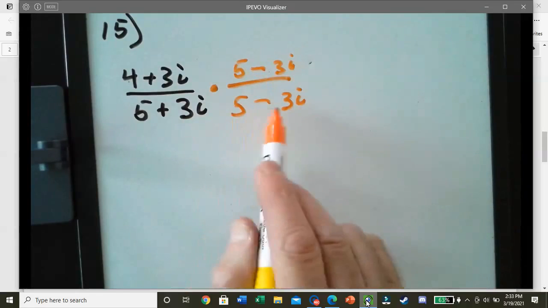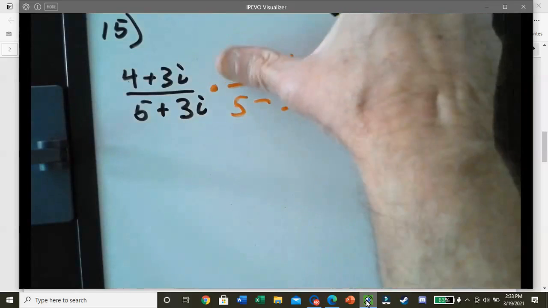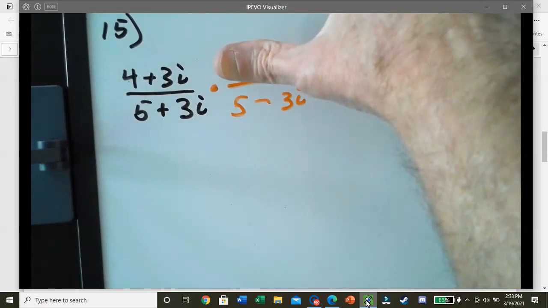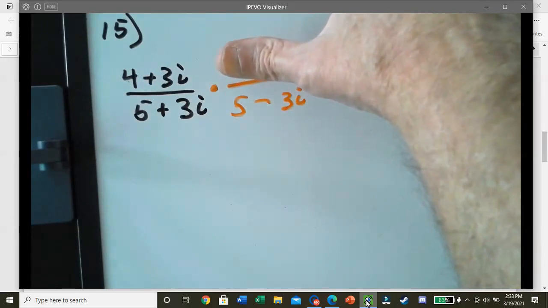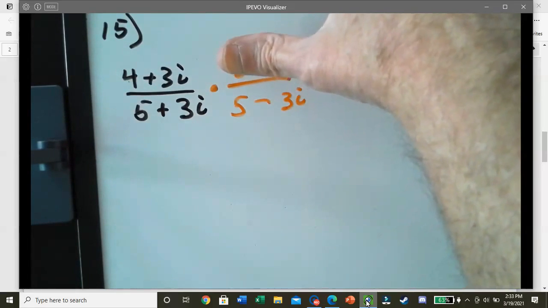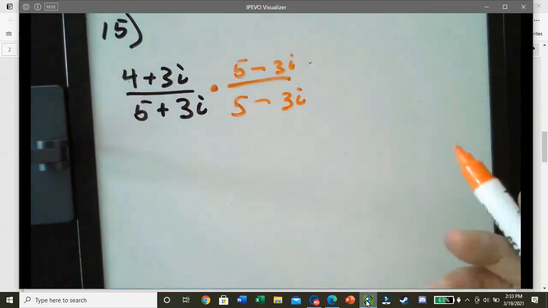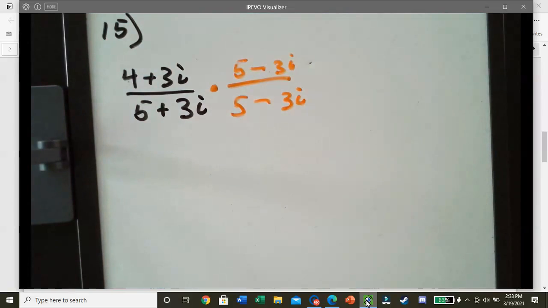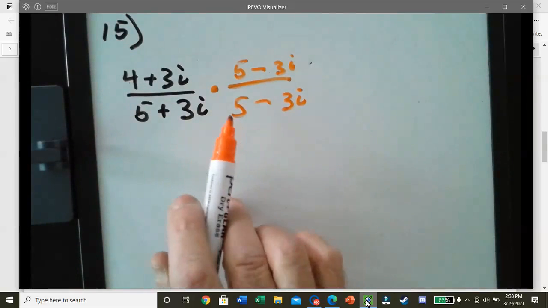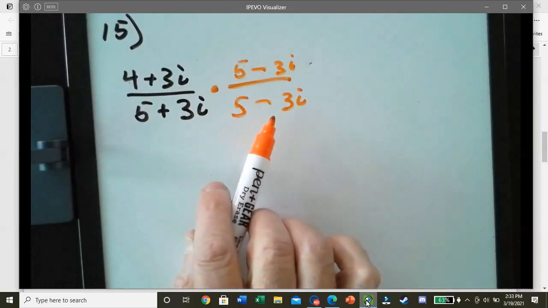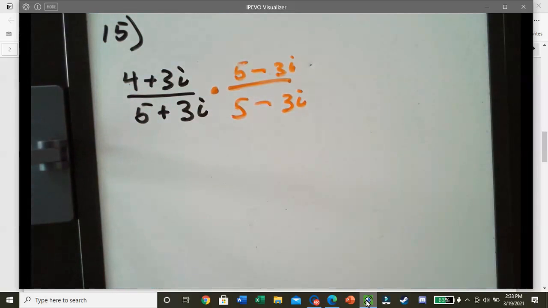We can't just multiply by 5 minus 3i, because it's not balanced. We change the number if we do that. But 5 minus 3i over 5 minus 3i is 1, and 1 times any number is still that same number. So we haven't changed the number by doing this. Okay, questions with that so far?